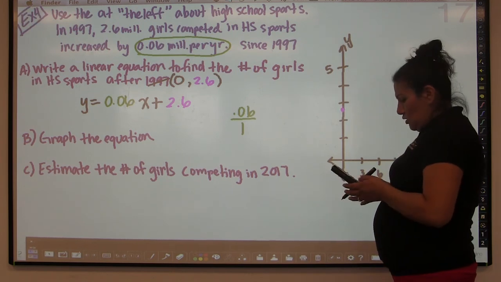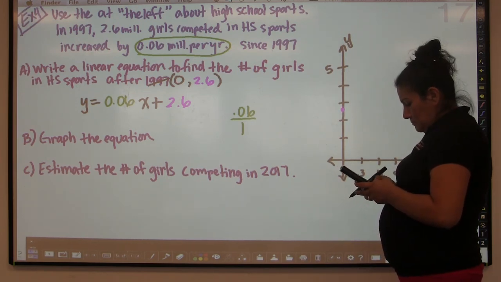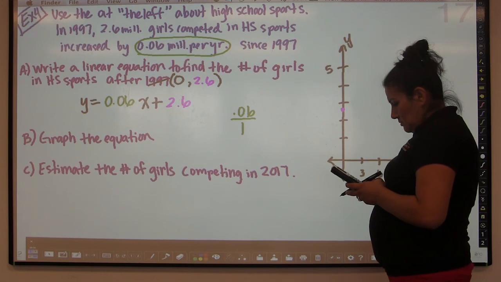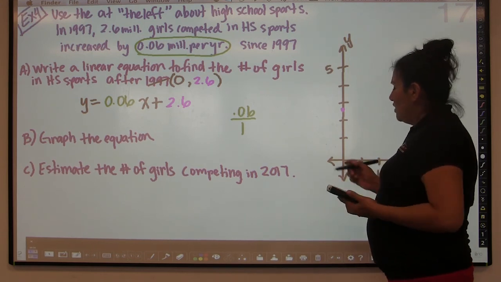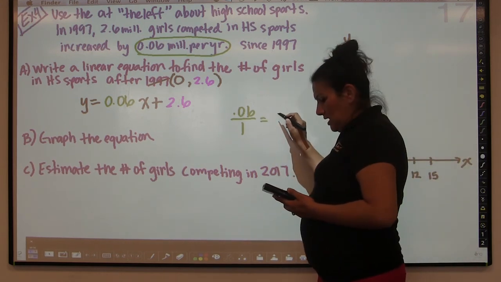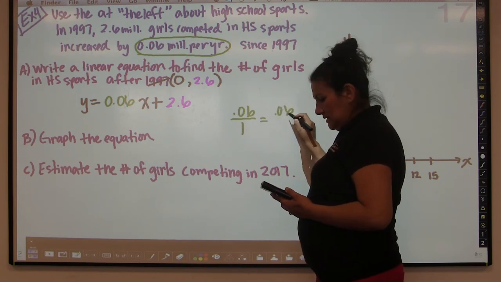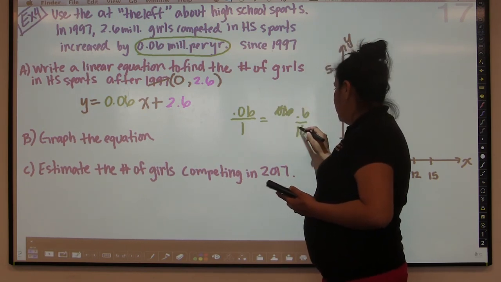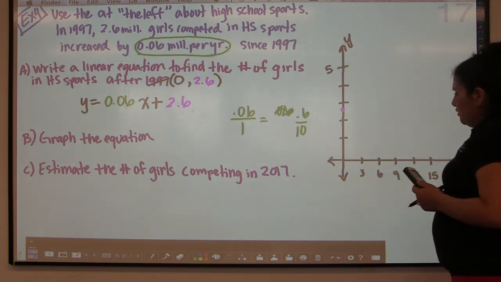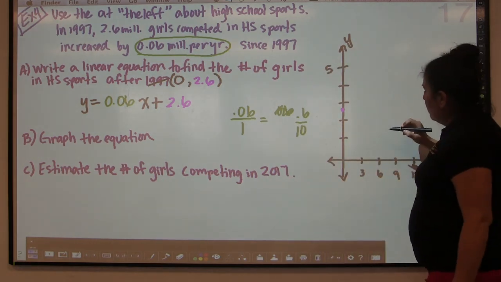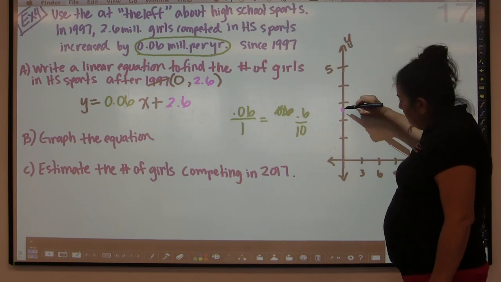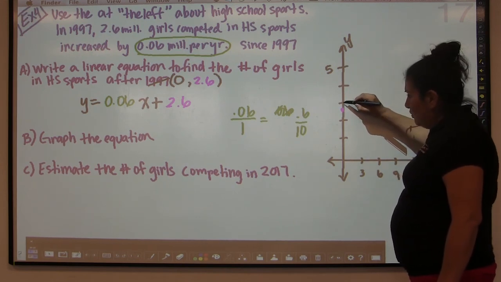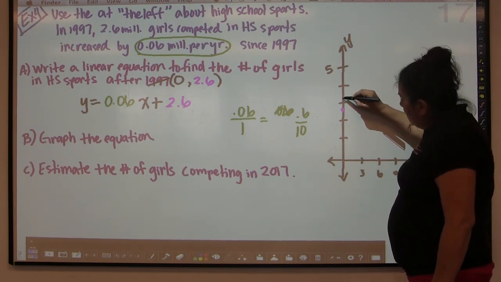I think what I want to do is, this is the same thing as 0.6 divided by 10. And that's going to be easier for me to do because I'm going to go up 0.6 and I'm already at 0.4 because I'm at 2.6. So if I go up a little bit more, it'll be right about here.